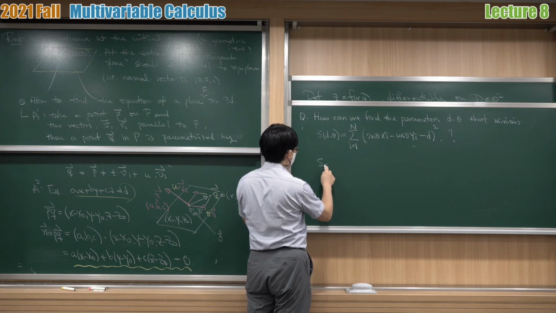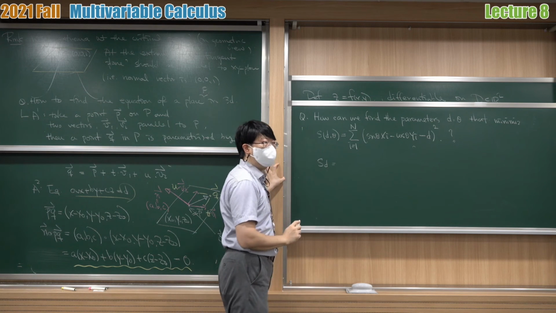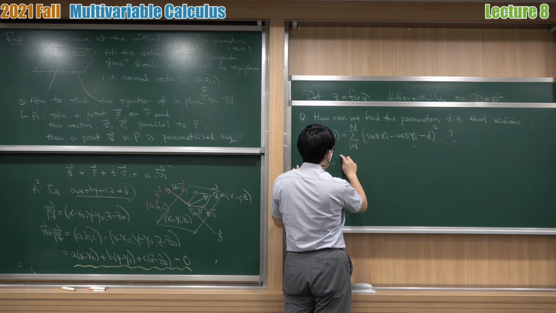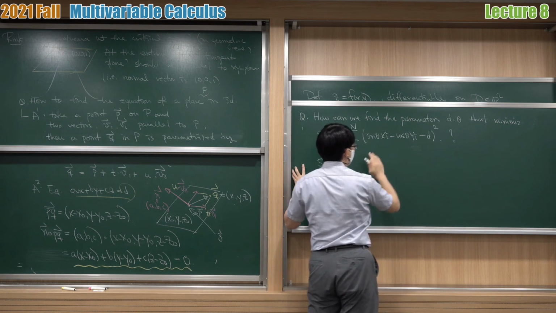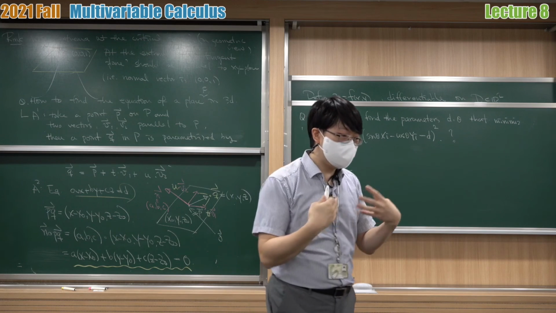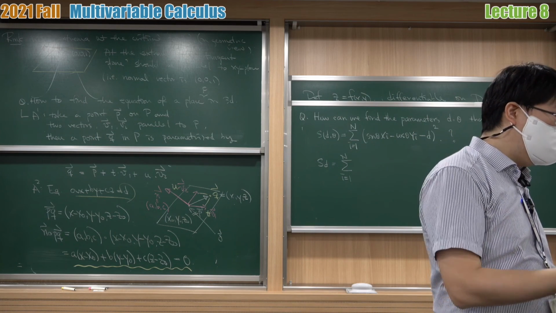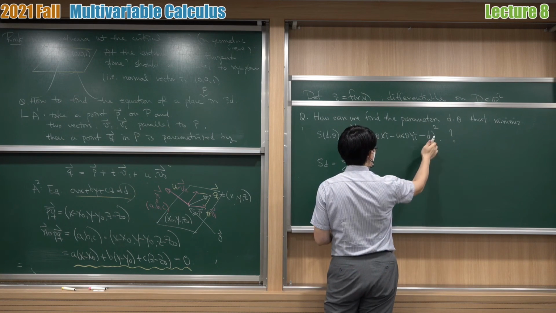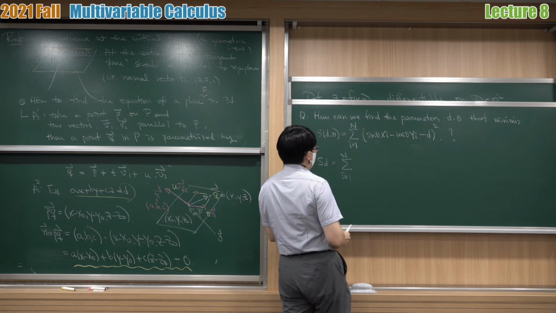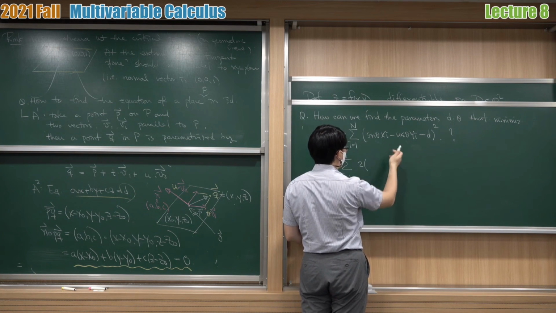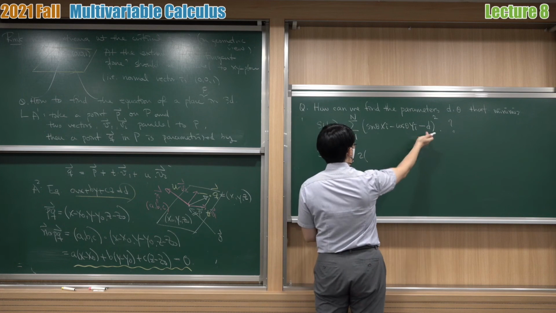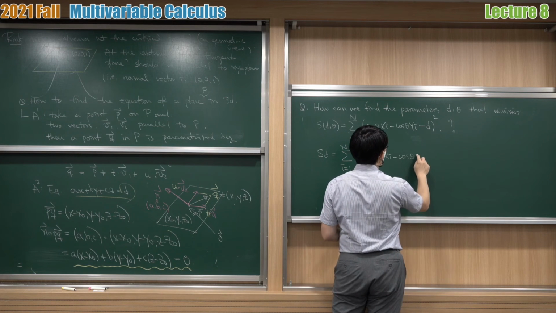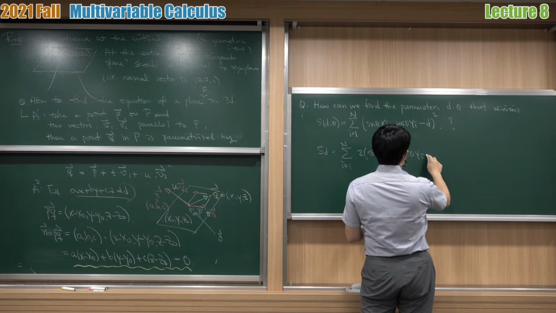All right. Let's take the derivative in terms of d first. This is a summation, so the summation remains. But each summand is a square, so we take the partial derivative as if it's a single variable function. Theta is a constant, so these are constant, and we only have d as a variable. It's a quadratic polynomial, so we have 2 times (sine theta xi plus cosine theta yi minus d).